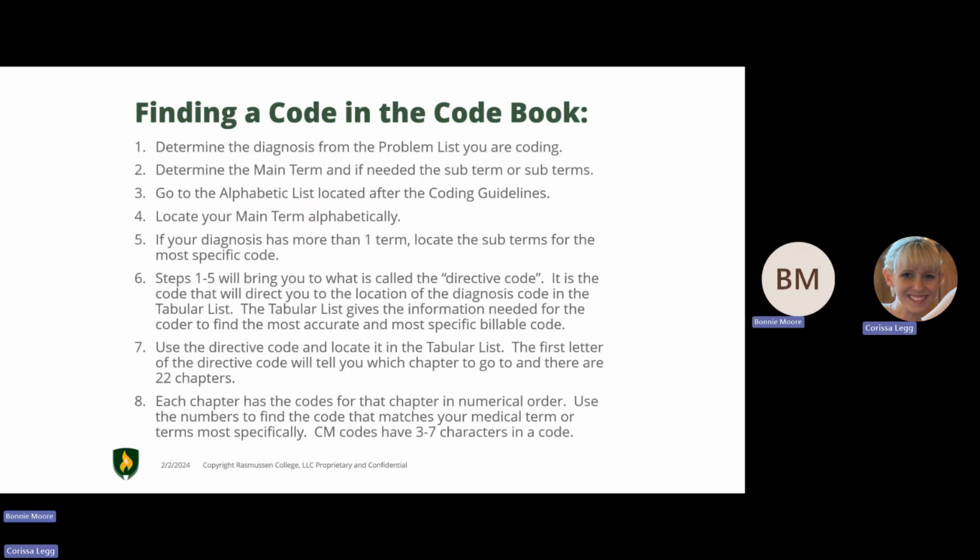After the letter, the codes are in numerical order, so they're pretty easy to locate. Once you find the chapter, then you locate the number. CM codes can be anywhere from 3 to 7 characters, no more than 7, no less than 3. And when you find that code, you have to make sure the code description matches your documentation.